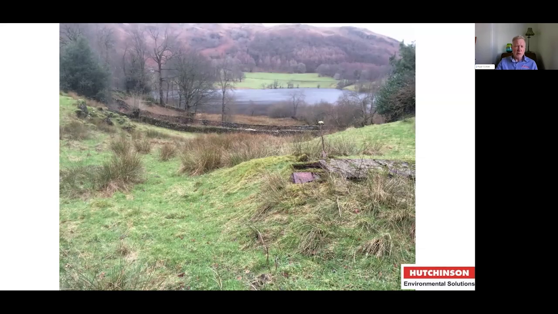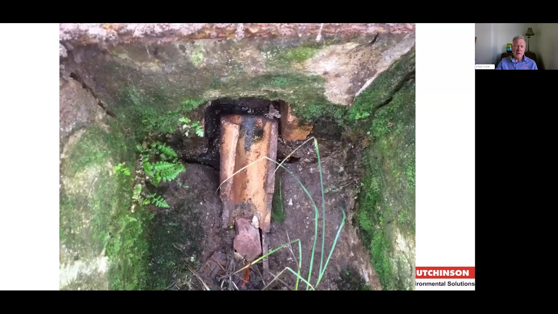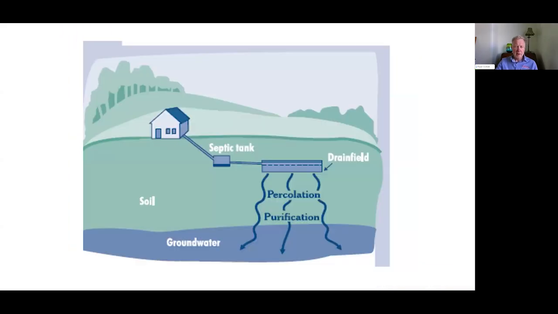You'd think that there would be potentially some sort of drainage field there, but when you take a closer look, you see that the outlet pipe is actually broken, and everything that comes out of that final chamber of the septic tank goes down that crack that you can see in the middle of that shot and simply goes into the ground in another plume and eventually works its way down into Elterwater Tarn. It doesn't do that, is effectively what we're saying there.